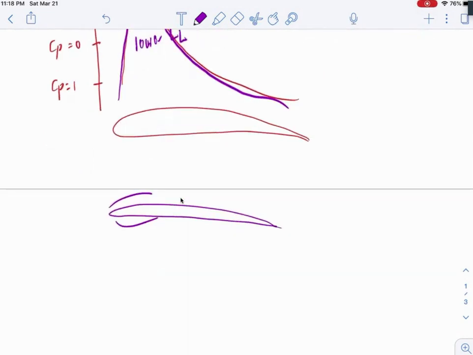Once you start using very thick foils, which is what happens when you have a large span, even at low lift coefficients, the fluid still has to accelerate to get around this thing, which means you get quite negative pressures, and you're more likely to cavitate, meaning you have to go to pretty low CLs to avoid cavitation if you have a thick foil.